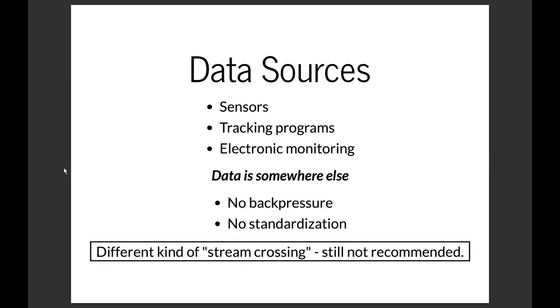The other thing I didn't talk about is where we're getting this data. Data sources for streaming data could be sensors, tracking programs, electronic monitoring, web logs, all of that. But the point is, data streams are almost always coming from somewhere else, which means that if you're connecting your streaming job directly to the source system, there's no back pressure in between.